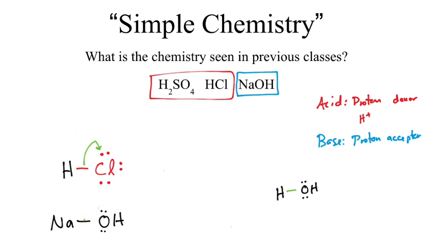Well, what's happening? The electrons from this bond are going to that hydrogen. The electrons between the hydrogen and the chlorine go to the chlorine, and what naturally gets produced out of it? Well, I form a new bond between the hydrogen and the oxygen. I get Cl minus chilling off, and I get Na plus.